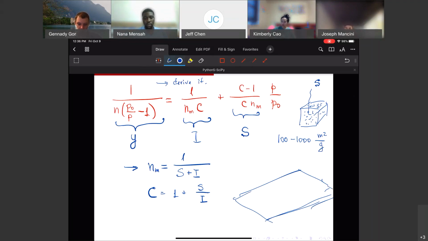If you imagine that your molecules, nitrogen molecules, well, nitrogen is diatomic, but if you imagine it as just simple spheres, it can fill the surface densely, right?